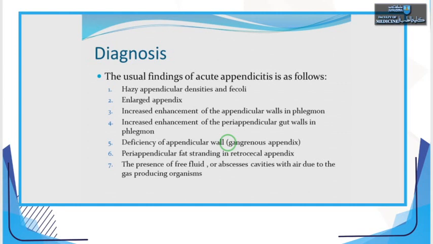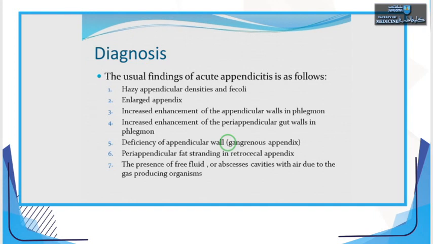The usual findings of acute appendicitis are as follows: hazy appendicular densities and fecaliths, an enlarged appendix more than 6 millimeters, increased enhancement of the appendicular walls in phlegmon, and increased enhancement of the periappendicular gut walls in phlegmon.